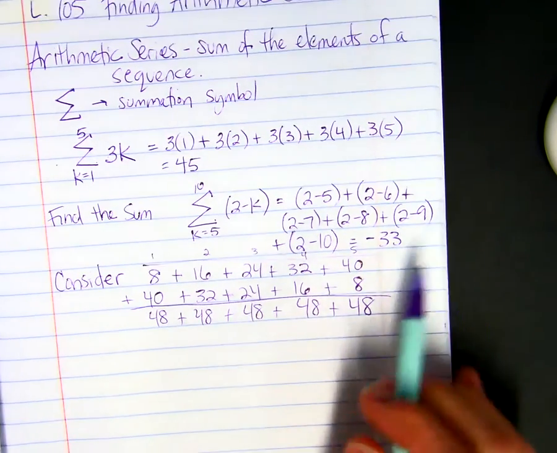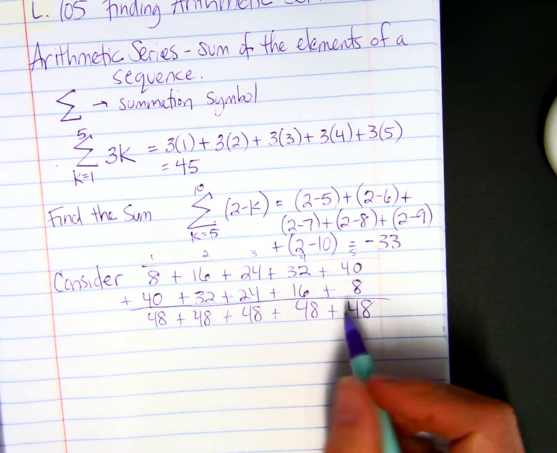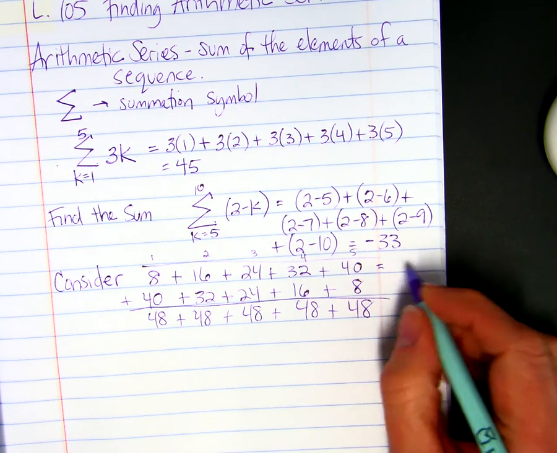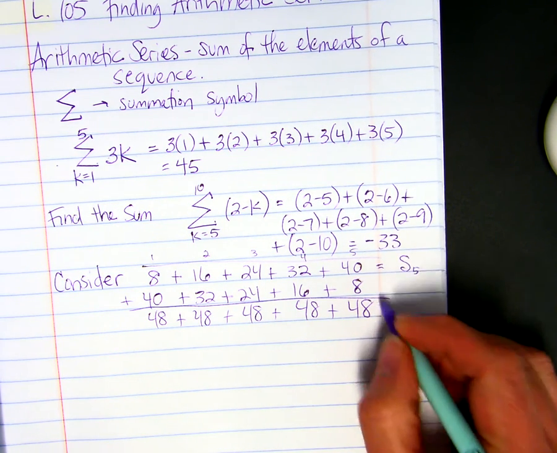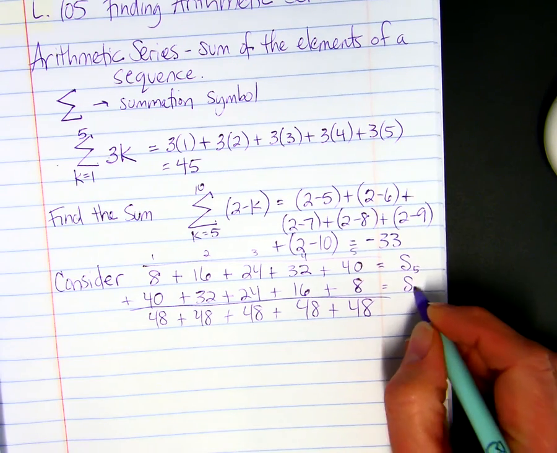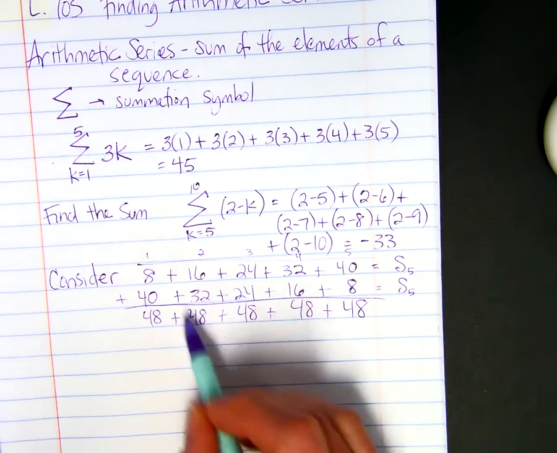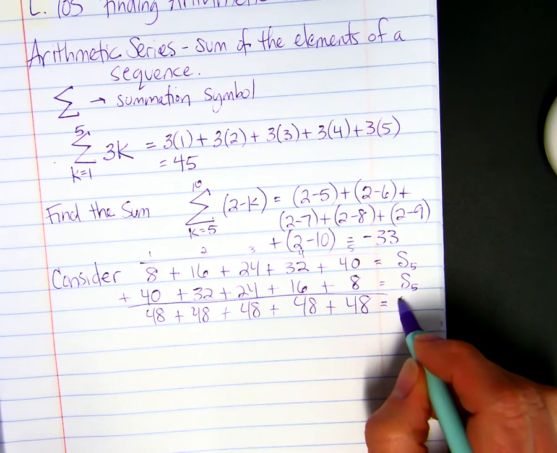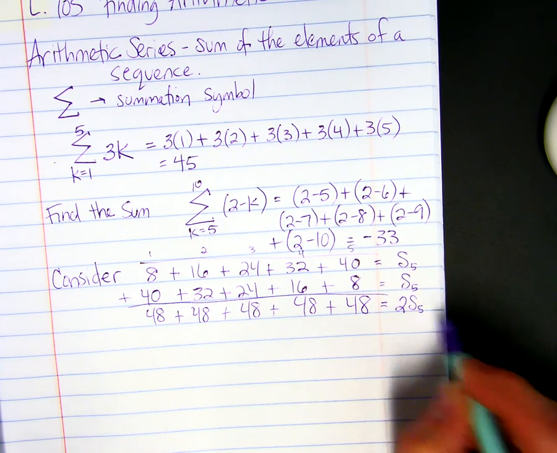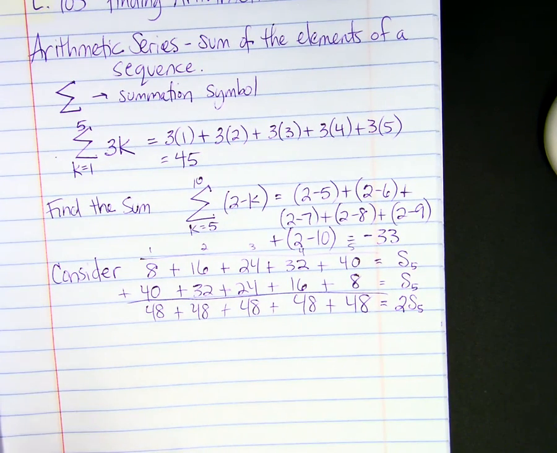Let's say this is S sub 5, a series with 5 terms. When we add them together, this is actually 2 times the series of 5 terms.